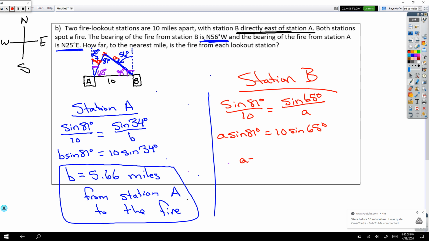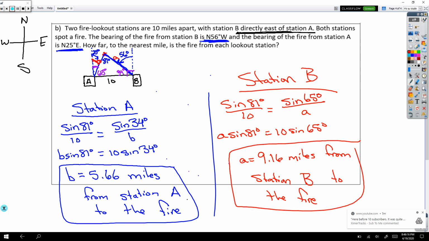Divide, and we get A equals 9.16 miles from station B to the fire. Alright, and that's it. That is the law of sines for case 1.